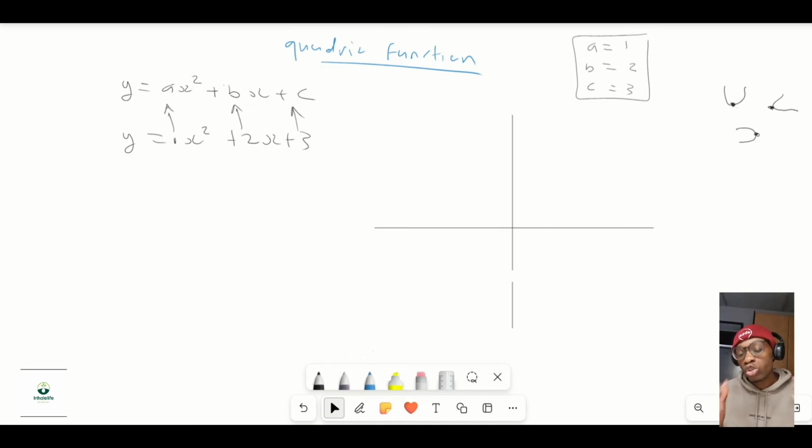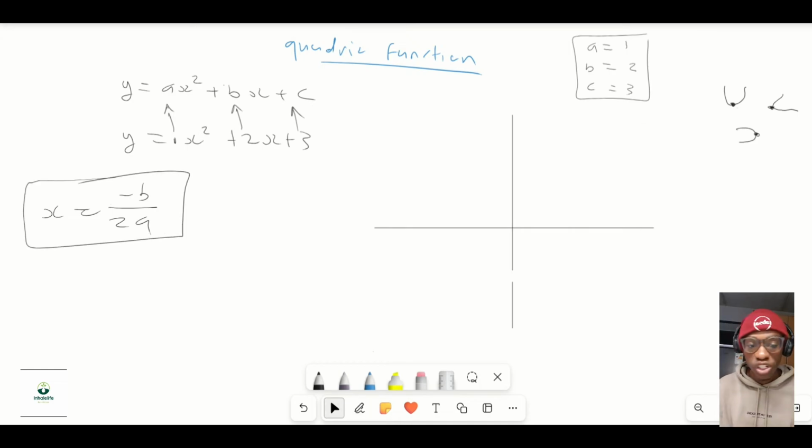So how do you calculate your turning point? There is an equation for that, which is x equals negative b over 2a. This equation helps you calculate the x coordinate of the turning point.